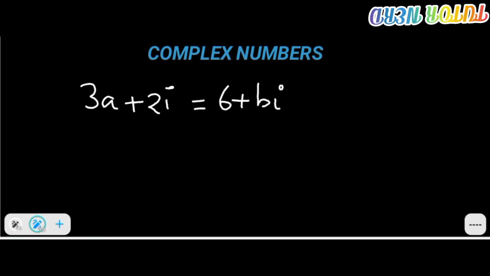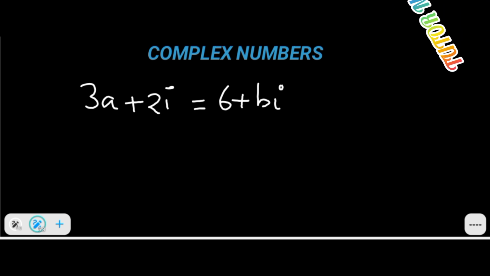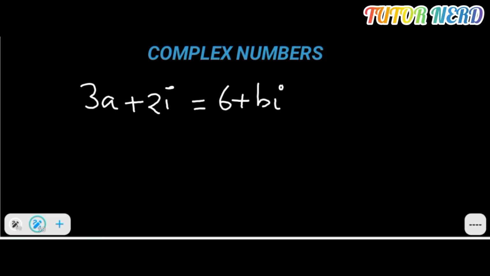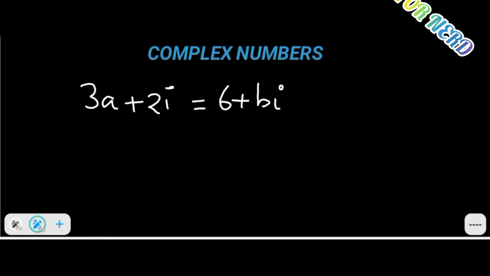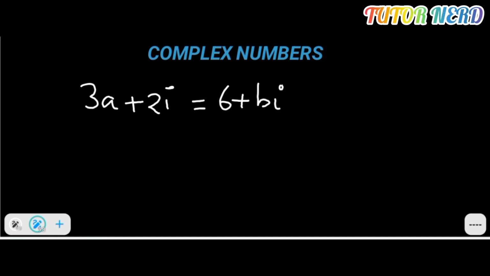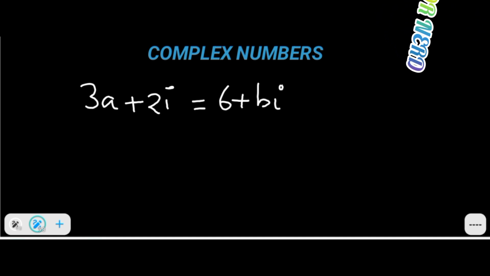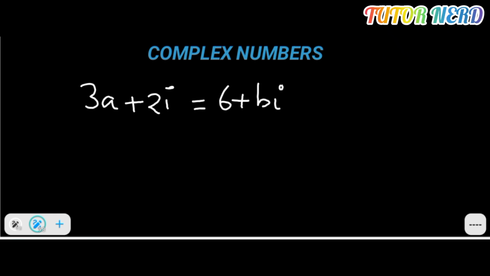And those things that have that i in them are imaginary numbers. So in short, what we're going to do here is to equate something to something that is of the same kind. Real number to real number, imaginary to imaginary, because we have the equal sign.